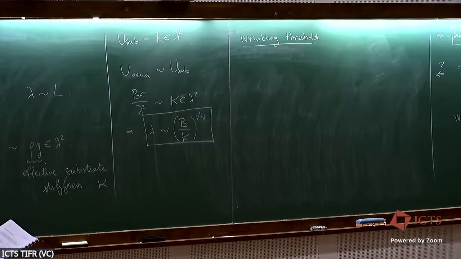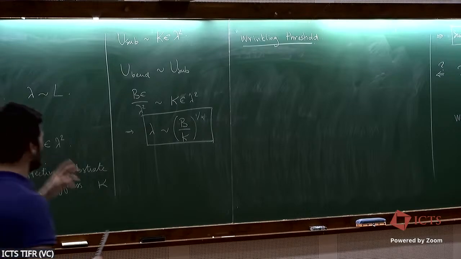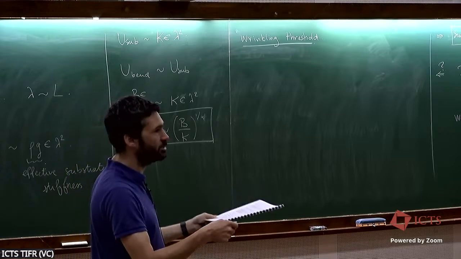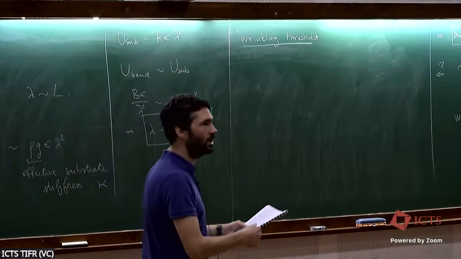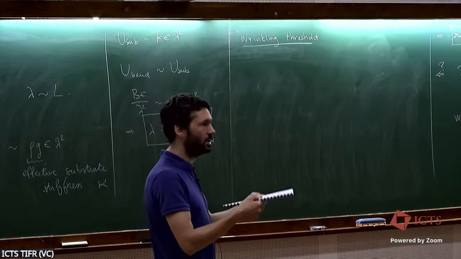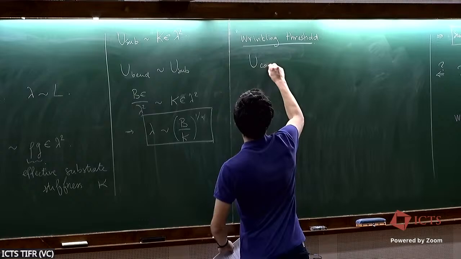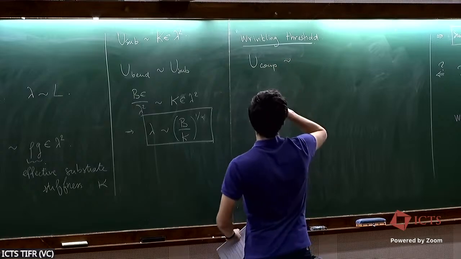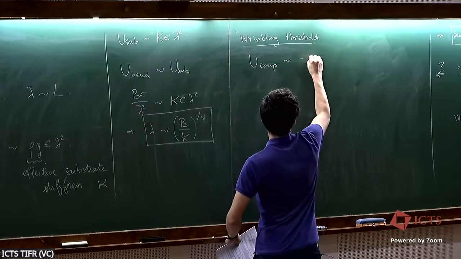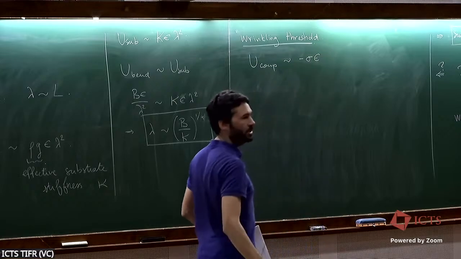But what is equivalent is to add a Lagrange multiplier to epsilon, and the Lagrange multiplier will be the compression strength, and so you will add U compression, which is minus sigma epsilon.